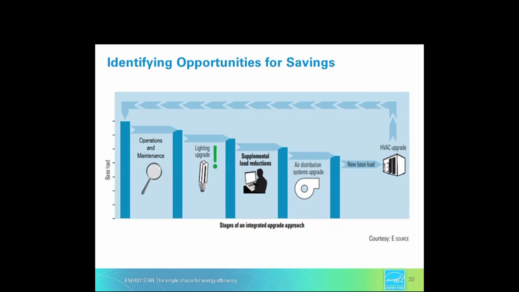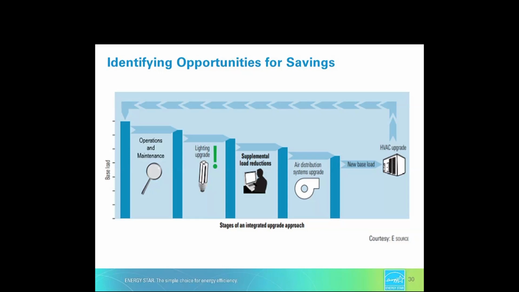Okay, so now that we've covered that first step, operations and maintenance, we'll move on to the next step, building off of it, which is lighting upgrades. These are among the most common, quote unquote, low-hanging fruit when it comes to energy management. I do want to preface that, yes, a large-scale comprehensive lighting upgrade will cost money.